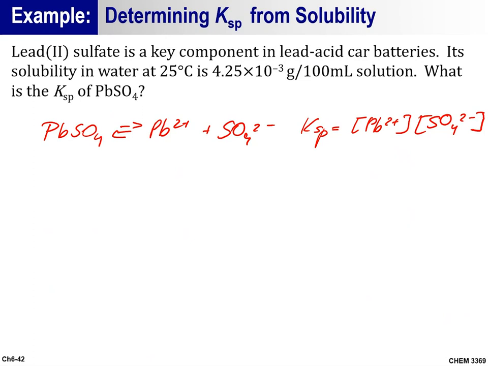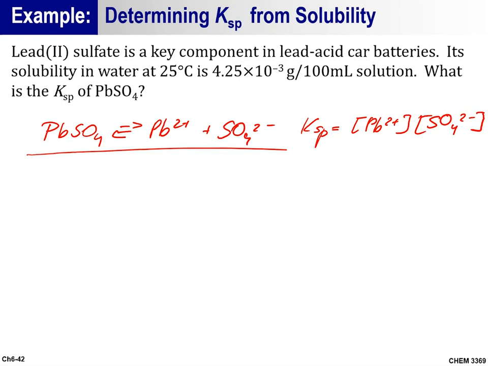So from this reaction, we know that the concentrations of Pb2 plus and SO4 2 minus in saturated solutions should be the same, right? They should be equal. And we know the solubility of the solid PbSO4. It's 4.25 times 10 to the negative third. That solubility is the concentration of Pb2 plus that we need to calculate.